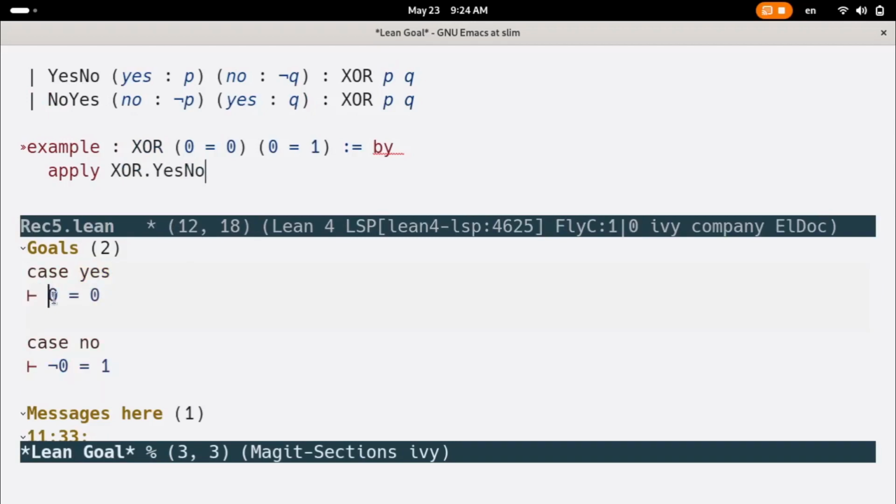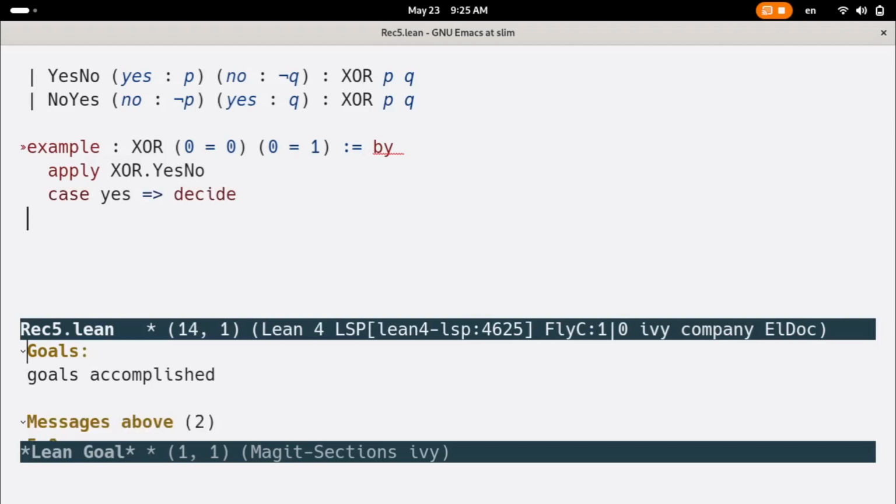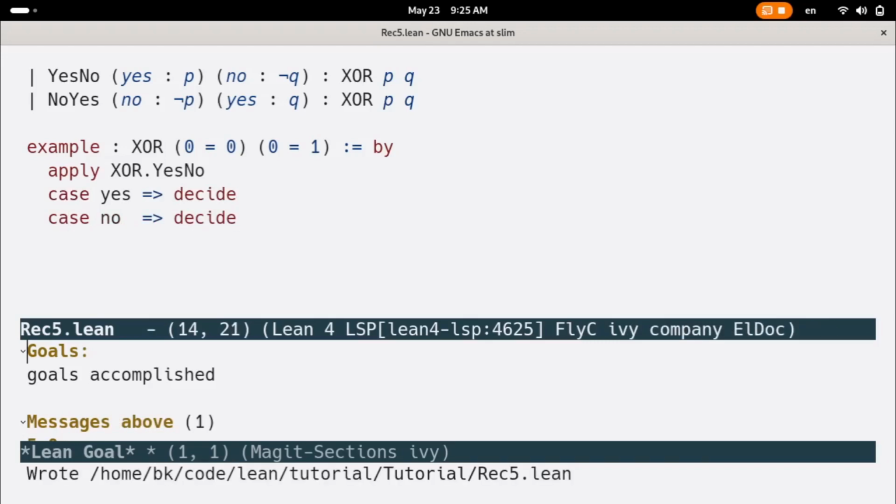Notice Lean gives us the labels yes and no, which were given by us in the definition of XOR. We will prove these cases individually. To prove the case yes, we can use the decide tactic, and to prove the case no, we can again use the decide tactic, since these do not involve any variables.